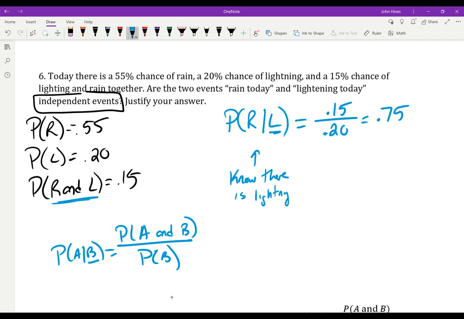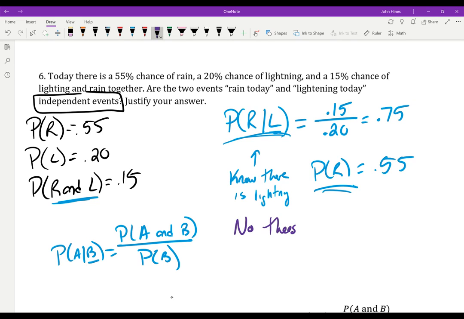So what do I compare that with? Well, I compare it with P of R. So what's the P of R? Well, it's only a 55% chance. So are these events independent? Are those two probabilities equal? No, these events are not independent. They're not independent because knowing there's lightning increases the chance of there being rain.